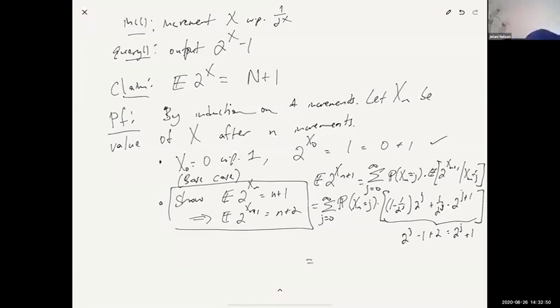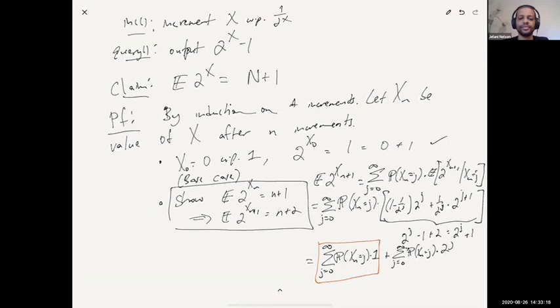So this whole summation is equal to the sum over j of the probability that xn is equal to j, times 1, plus the sum j goes from 0 to infinity of the probability that xn is equal to j times 2 to the j. Now, anyone tell me, what is that? Yeah, that's 1, right? Just the sum of probabilities over all.